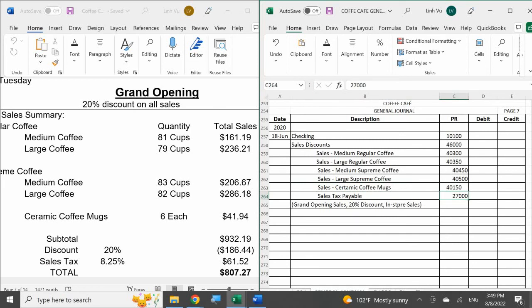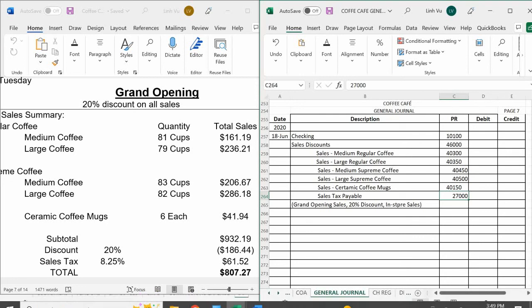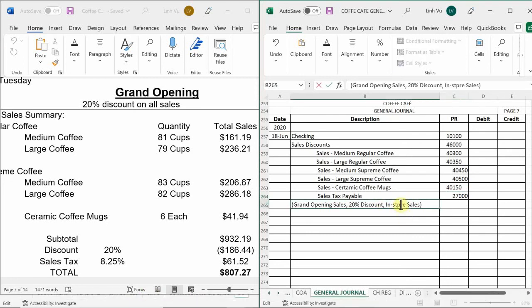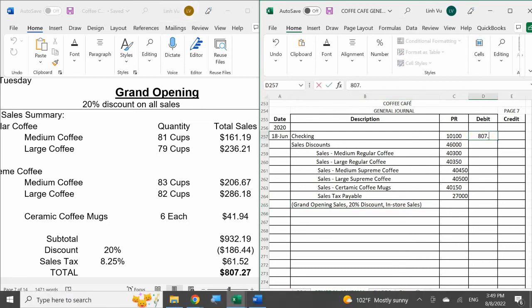Okay, and everything looks good. So checking is $807.27. Sales discount is $186.44.